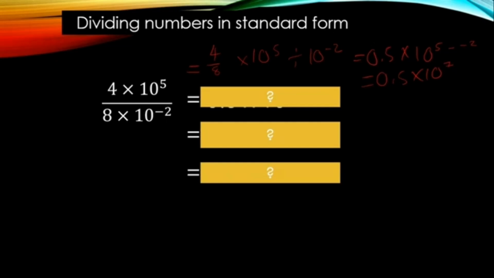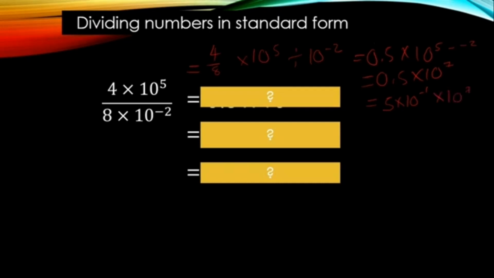So this still is not yet in standard form. Why? Because the first number is not in standard form. It is less than 1. So we can rewrite this number as 5 times 10 to the power minus 1, because it's a fraction. It is 5 over 10, which is same as 5 times 1 over 10, which is 5 divided by 10, which is 5 times 10 to the power minus 1.